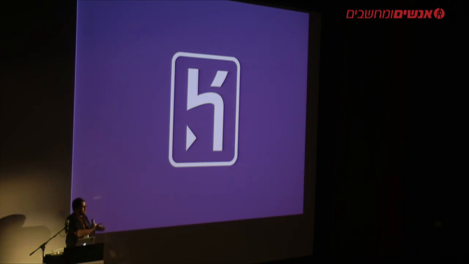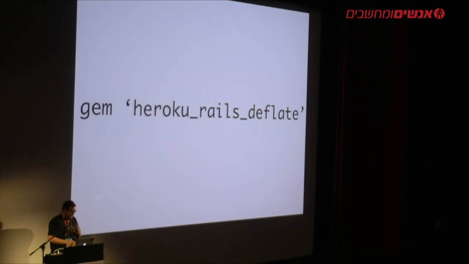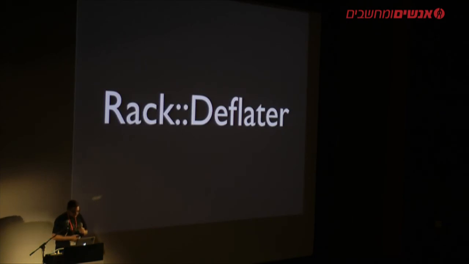You have it in your asset precompile and your asset folder, but Heroku doesn't know how to serve it. So you need to use something like this gem, which adds a rack middleware that compresses your assets if they are not compressed, and then they will be served.